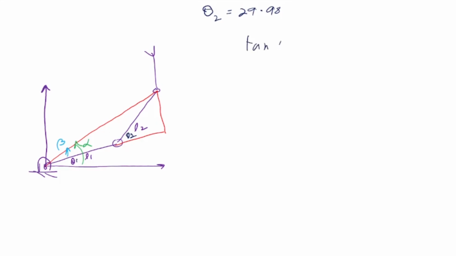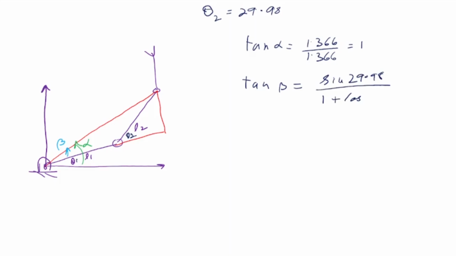So tan alpha is y by x, which is 1.366. Tan beta is equal to L2, that is 1, into sine 29.98 divided by 1 plus cos 29.98.